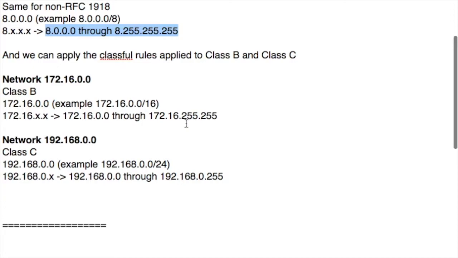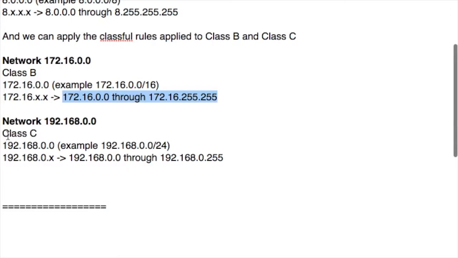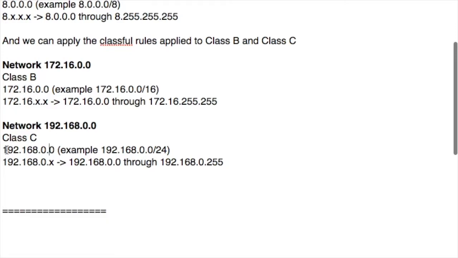And then we can look at network 172.16.0.0. We assume class B, based on classical rules defined in RFC 791, and we're looking at the range of 172.16.0.0 through 172.16.255.255. And then a class C example of a network would be 192.168.0.0 through 192.168.0.255. So that would be a class C version of a network.